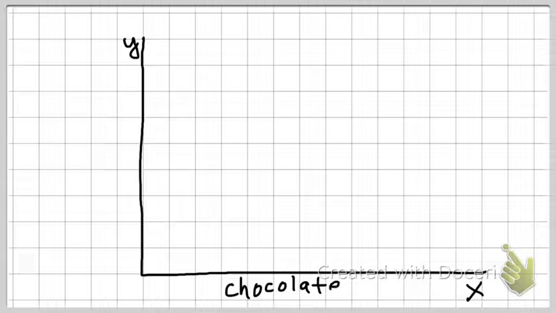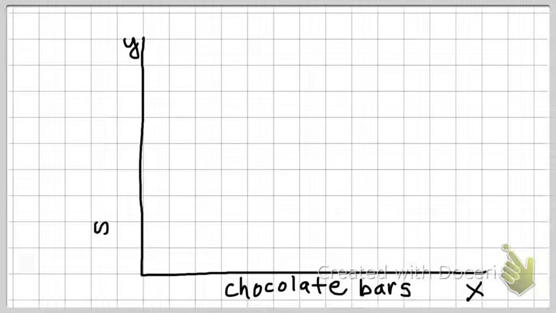This x-axis is usually what we call the independent variable, the one that we change. So we're going to change the number of chocolate bars we sell, and then the y-axis is the dependent variable.